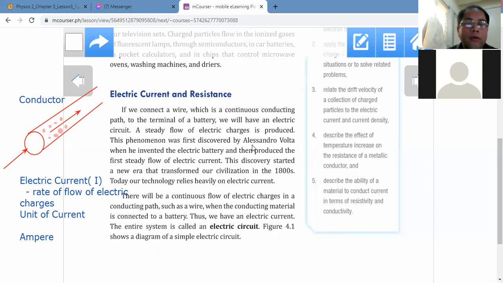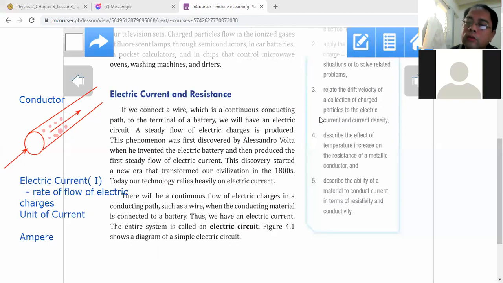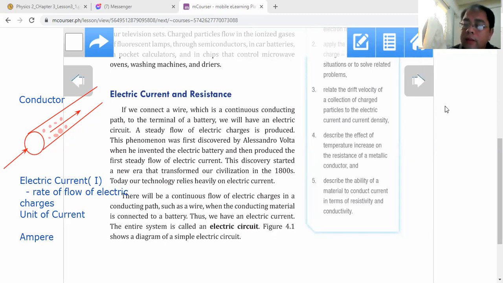Alessandro Volta, I think he's an Italian, invented the battery. When he invented the battery, the battery was able to let charges travel continuously. We can also let a capacitor move charges, but only temporarily, on a very short period of time.